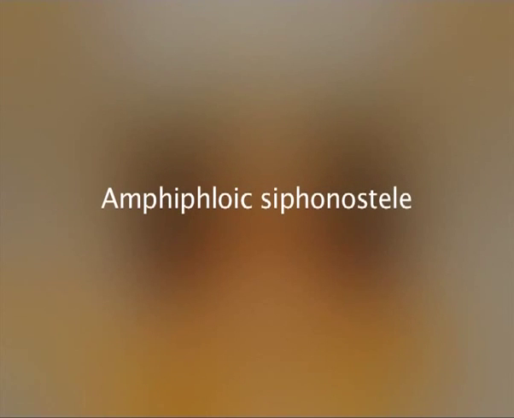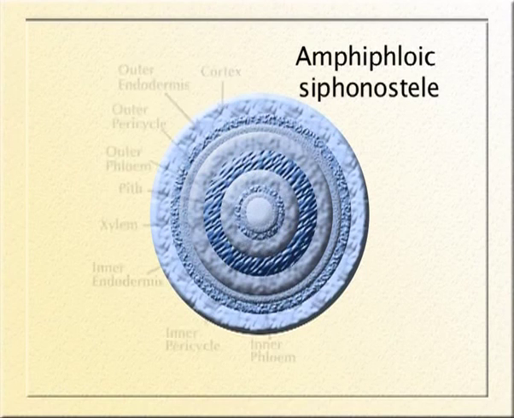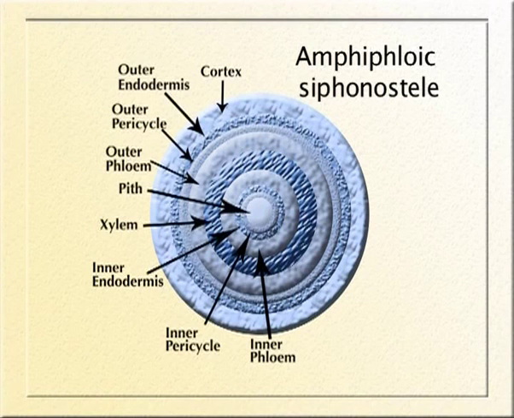Amphiphloic siphonostele. In this type of siphonostele, the pith is surrounded by inner endodermis, inner pericycle, inner phloem, xylem, outer phloem, outer pericycle, and outer endodermis. So, in this case, phloem surrounds the xylem internally as well as externally.